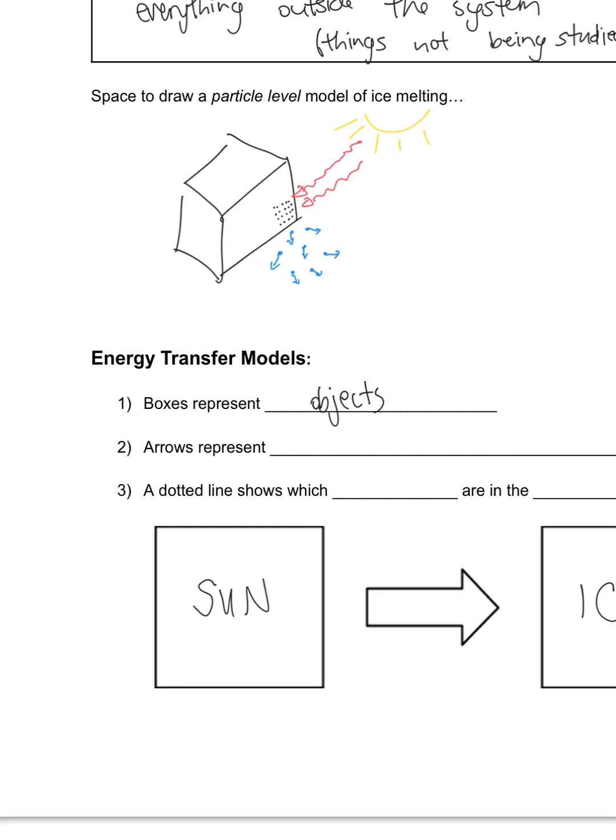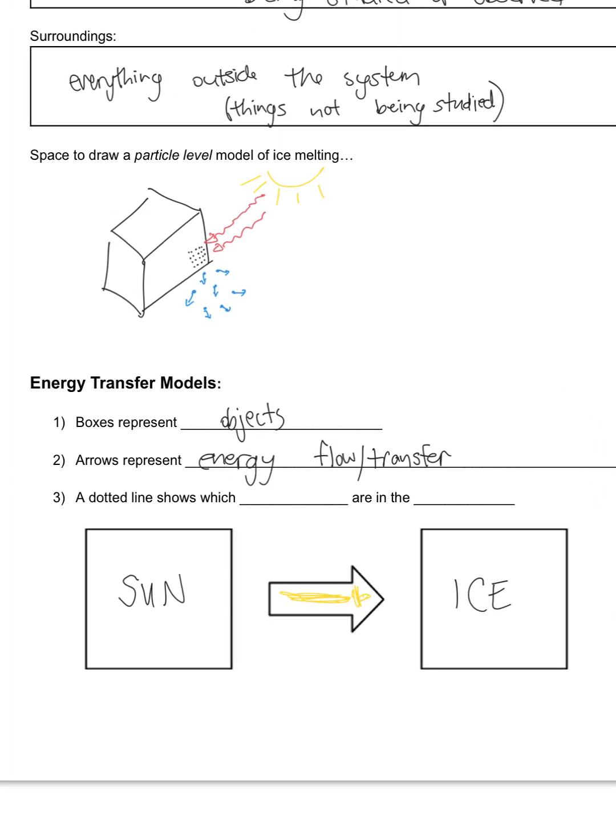The arrows represent energy, specifically energy flow or transfer. Okay, so energy is transferring right here from my sun to the ice, so that's where the energy is transferring. Okay, with that arrow I show that.